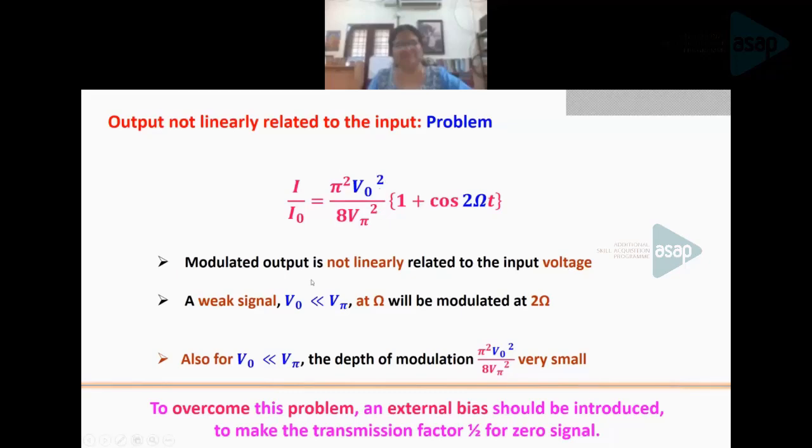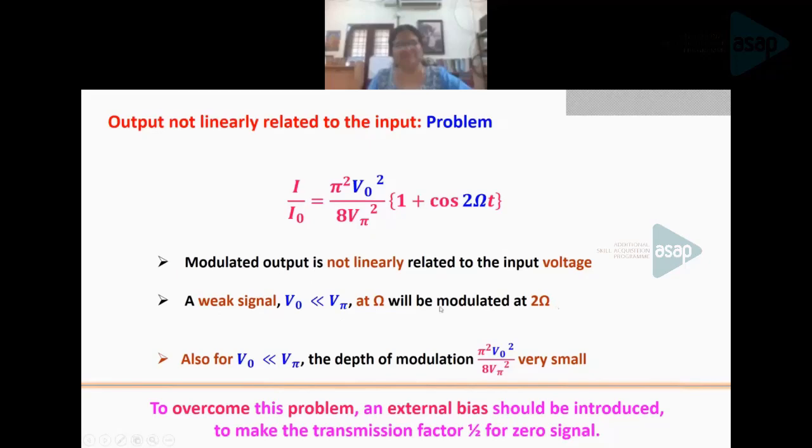And for a weak signal at omega, we are getting the modulated signal at 2 omega frequency. That is another problem. And also look at the depth of modulation. V0 is a very small signal, so the depth of modulation is very small. Three problems are there, so we have to overcome them.